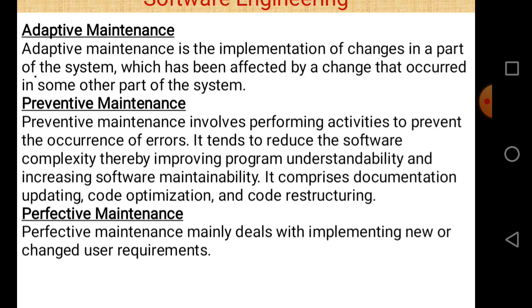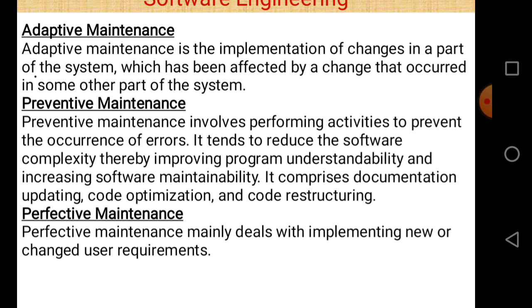And the second one is preventive maintenance. Preventive maintenance involves performing activities to prevent the occurrence of errors. Third is perfective, and it deals with implementing a new change or user requirement.